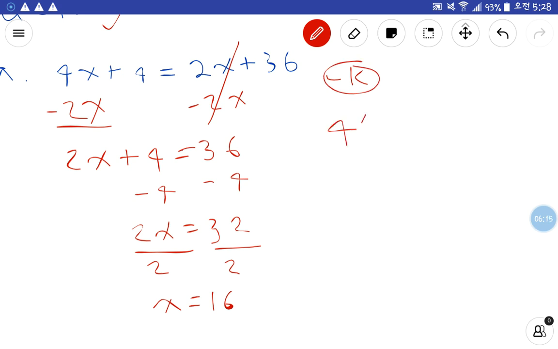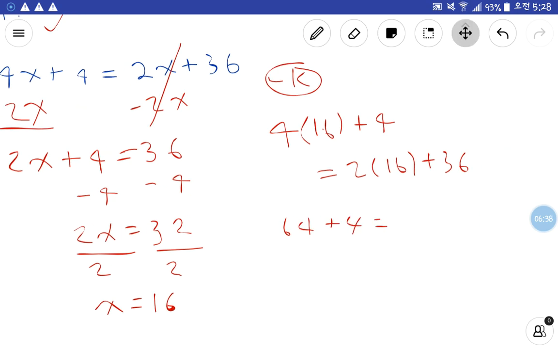Just simply replace all the letters with the number you just got, 16. So 4 times 16 plus 4 should be equal to 2 times 16 plus 36. So 16 times 4 is 64, plus 4 should be the same as 32 plus 36, correct?